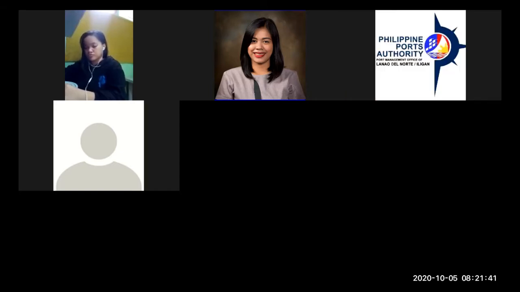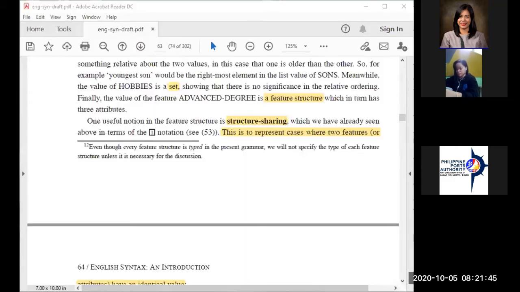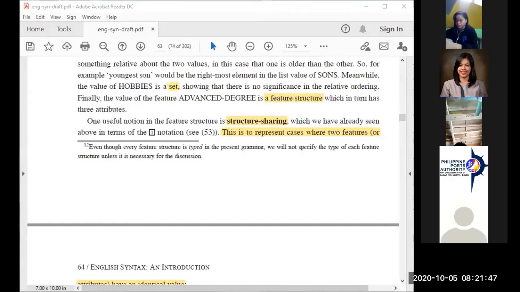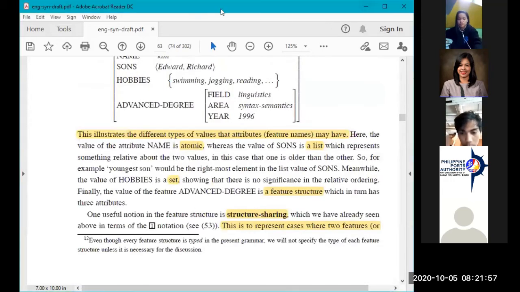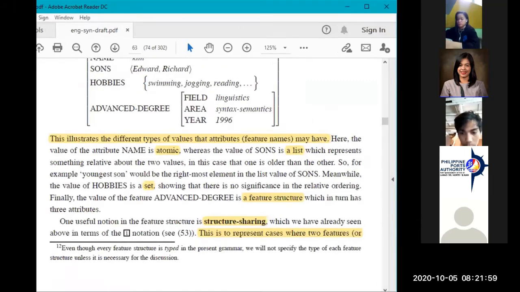So going back, we are now on feature structure. Why do we have to use feature structure again? We needed it to identify the features, basically the features of the word, for example, the verb.